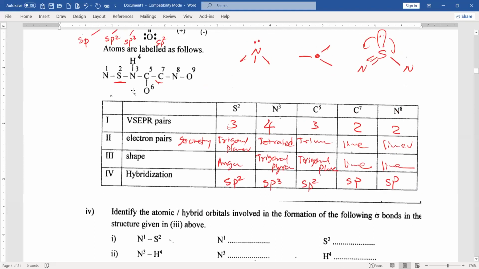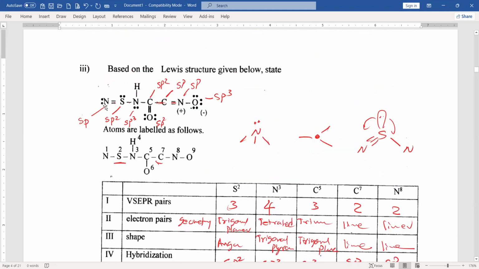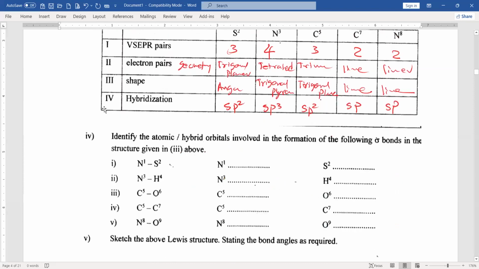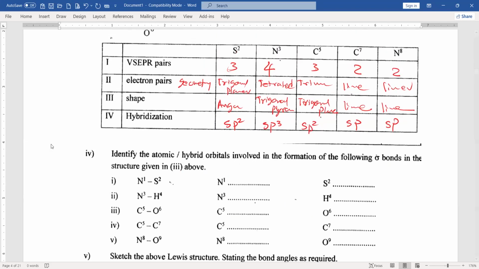N1 is sp hybridized, so the sp orbital will contribute to the formation of the sigma bond. So N1 and S2: N1 sp, S2 is sp2.